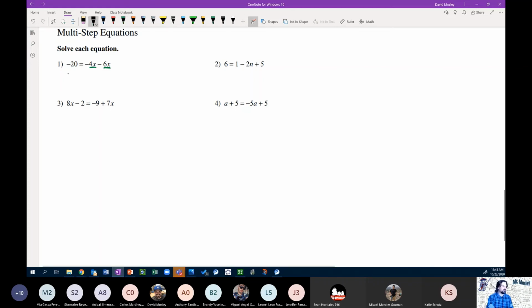Right. To do that, what we do is we take the number next to the variable for each of the like terms. So we have a -4 and a -6.